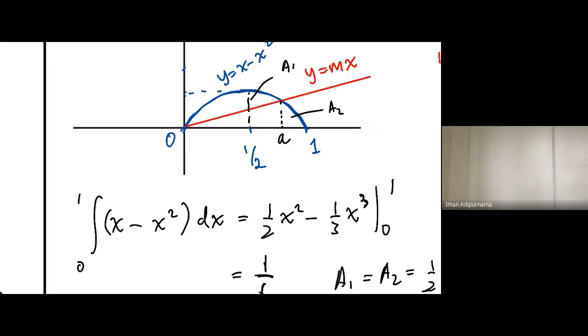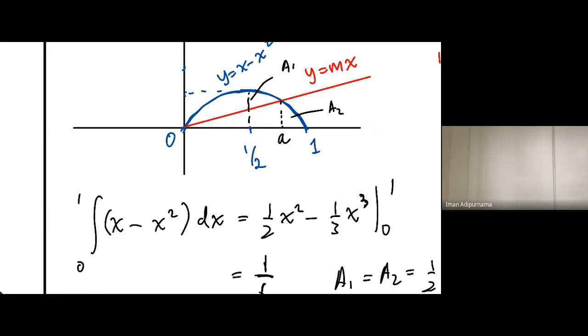The other way, you can think this whole x minus x squared as all A1 plus A2, right? If you just have x minus x squared, integrate from 0 to 1, you can get easily the integrations, right?